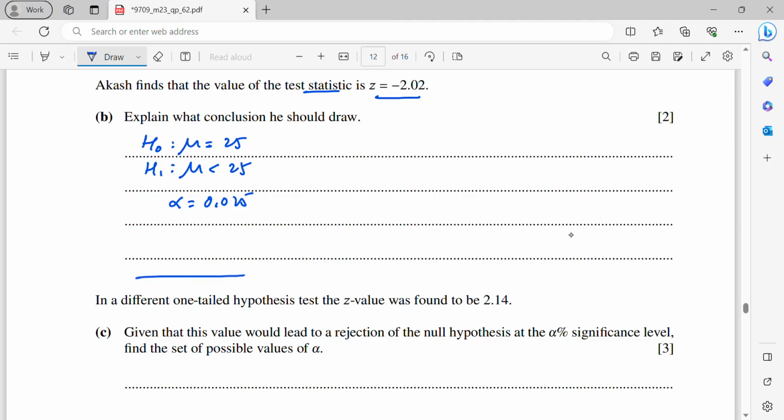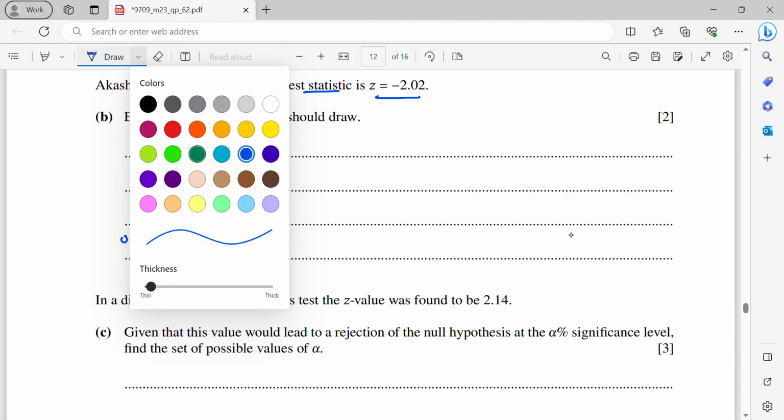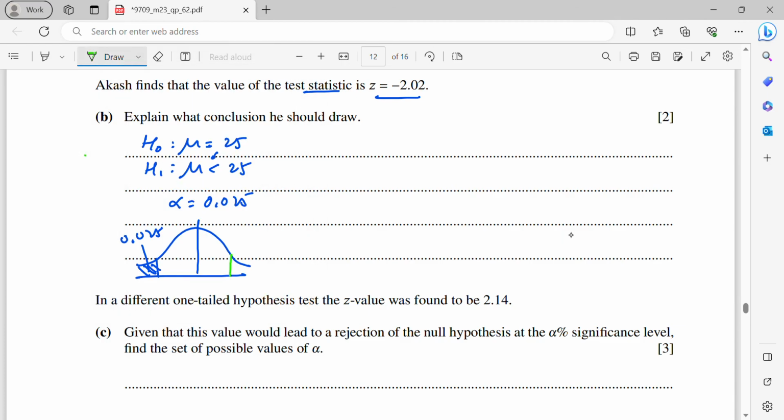Now, when I refer to the graph, because of the less than 25 in your H1, that means this is one-tailed test and it is on the left hand side. This is going to be 0.025, and now I flip it, because I need to find what is this line.